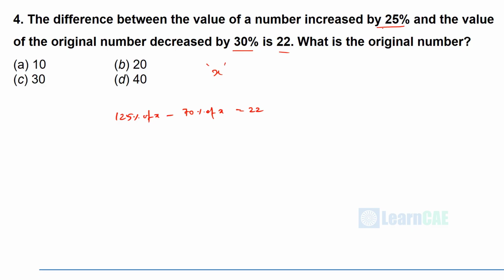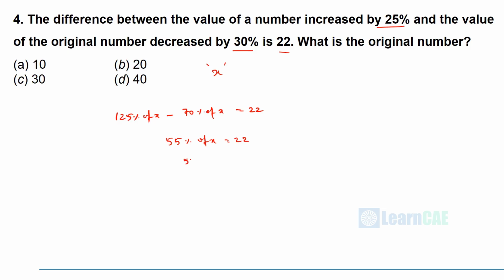So here they are saying it is not 25%, but it is increased by 25%. When it is increased, it means 100 plus 25, that is 125%. And the next one is value decreased by 30%. It means 70% of x. Okay, therefore, 125 minus 70 is equal to 55. Therefore, 55% of x is equal to 22.